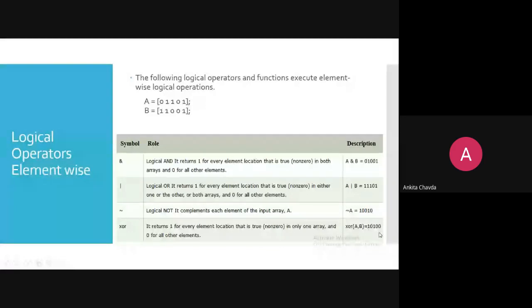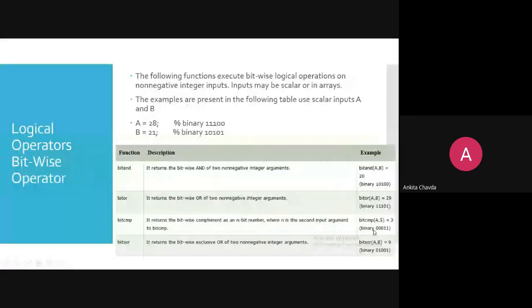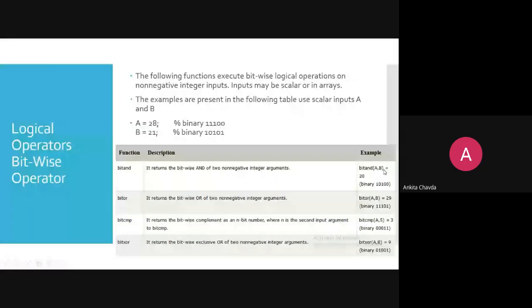Then the bitwise logical operators. First it will convert into bits automatically. So you are giving A equals to 28, B equals to 21. It will convert them, and then you are applying the function bitand. So it will apply bitwise AND on A and B, right? It will perform on these A and B scalar values, but bitwise.